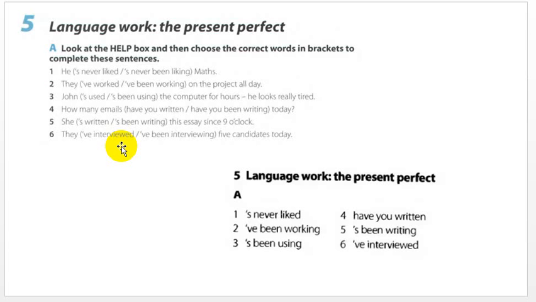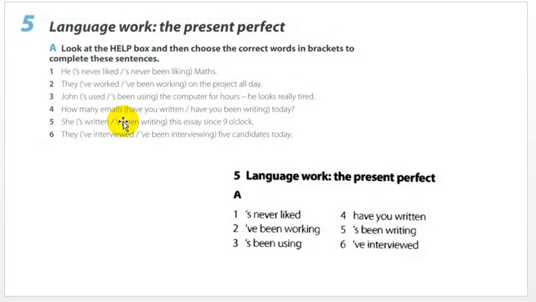In the present perfect continuous tense, we have the subject, then the auxiliary verb have or has, then been, and verb plus ing. For example, they have been working on the project all day.